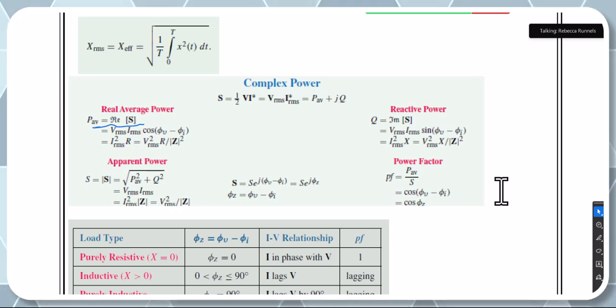That's the way I always do it. I find the complex power and then I take the real part. But it also equals V squared R, those are just magnitudes, over the magnitude of the impedance squared. That is also true, and so it all works out.